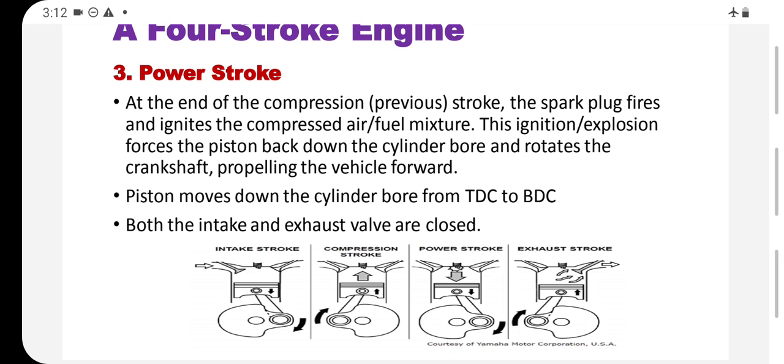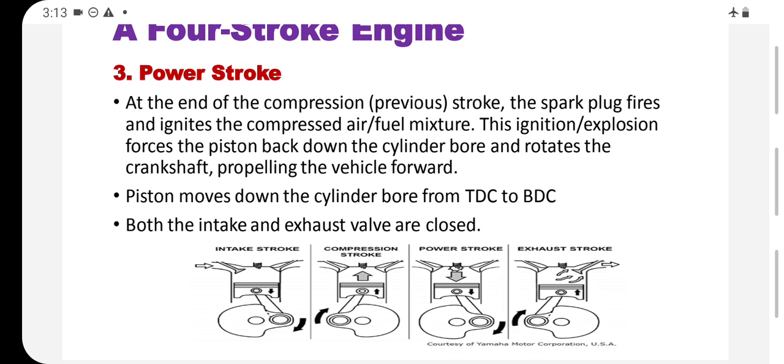Due to the combustion, a tremendous amount of heat is developed; the chemical energy is converted into heat energy, and this heat acts on the top of the piston, moving it in the downward direction. Here we get the power stroke, mechanical power, and hence the piston moves from top dead center to bottom dead center.